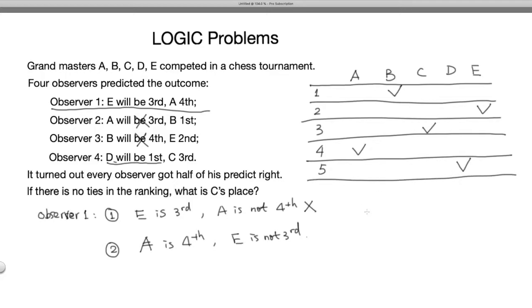So the ordering of this tournament is B, E, C, A, and D. And what's C's place? C is at third. And that is the answer for this problem.